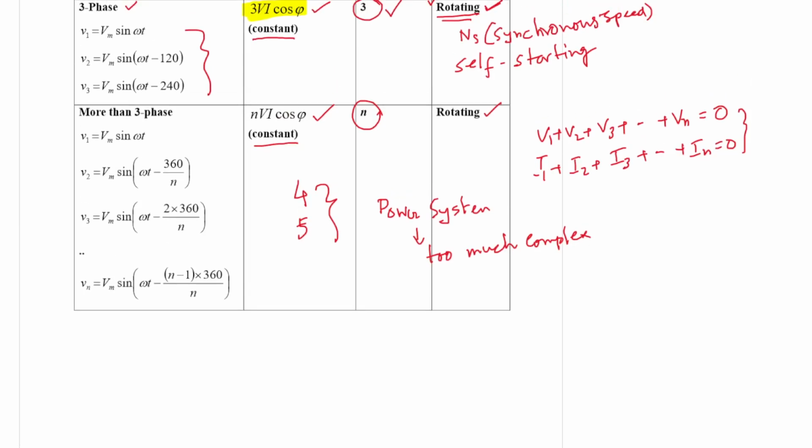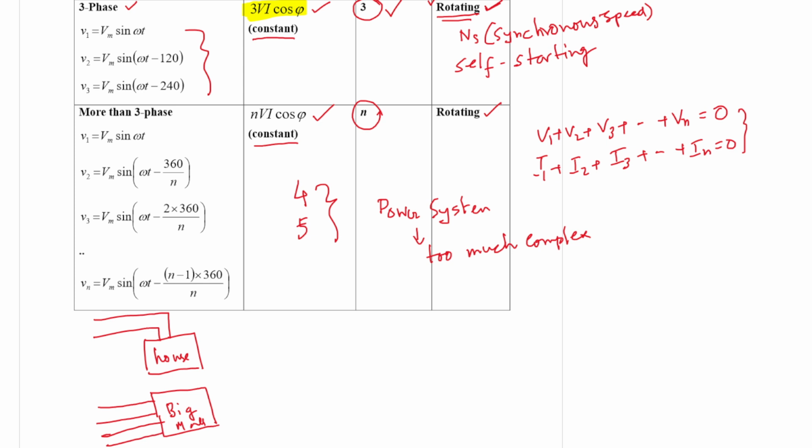Suppose you have your house. It requires single phase supply. And near your house, there is a big shopping mall. Big malls require 3-phase supply along with the neutral conductor.